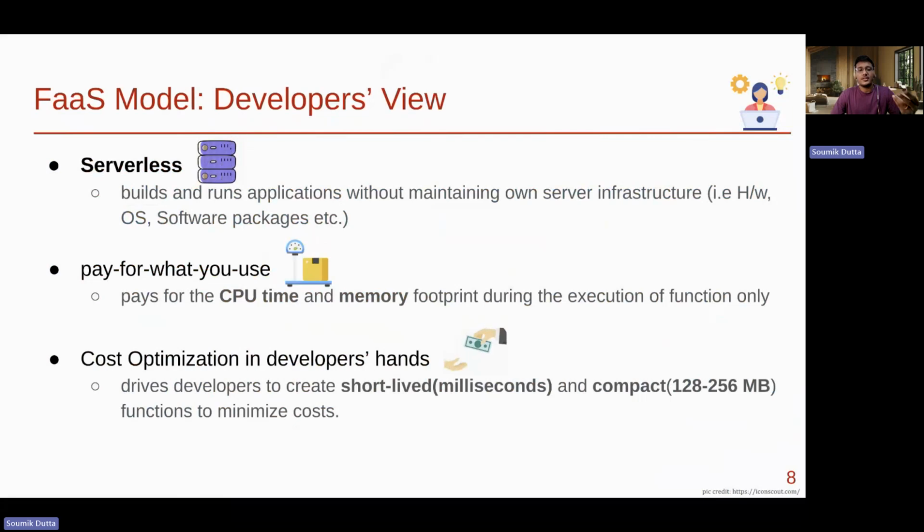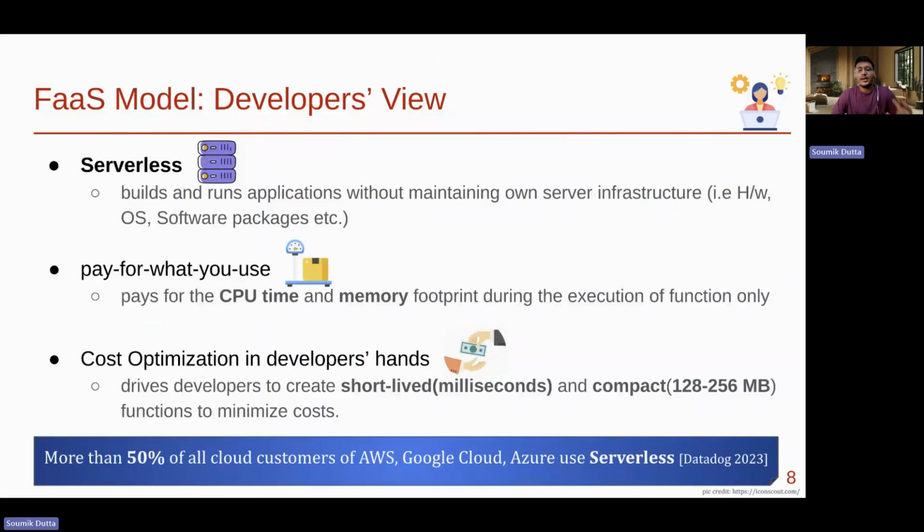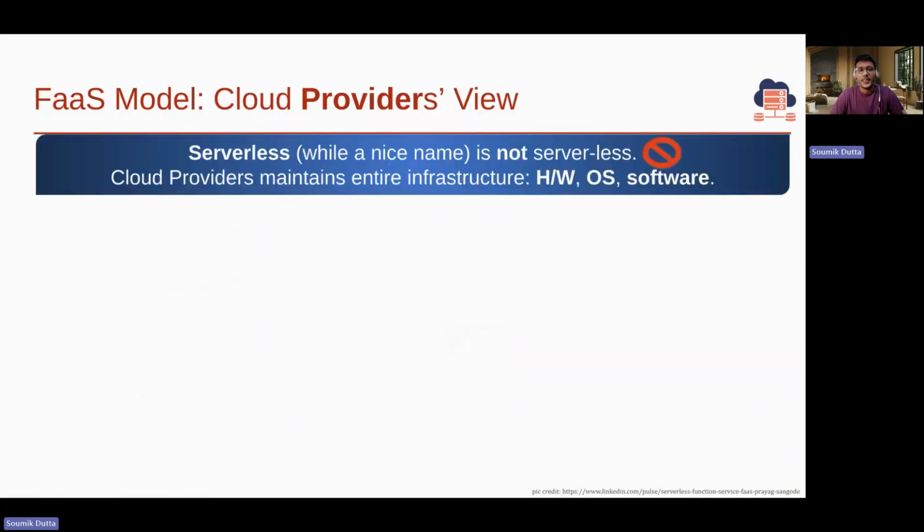And this drives developers to create short-lived and compact functions to minimize the cost. And according to the Datadog 2023 survey, more than 50% of all cloud customers, including AWS, Google Cloud, and Azure, use serverless nowadays. So this gives the idea of how important serverless is nowadays.